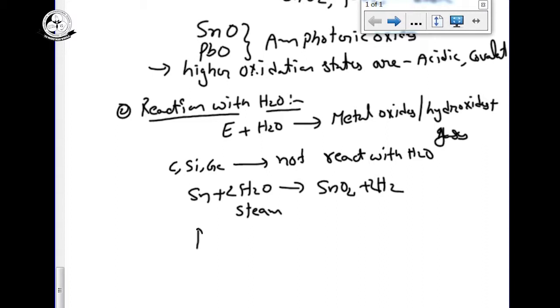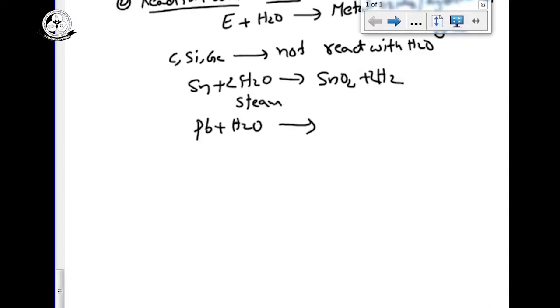Lead, on reaction with water, forms an oxide film on the surface of the metal. A protective oxide layer is formed on the surface, so it is not affected by water. Only tin is affected by steam, and the rest of the elements are not affected by water.